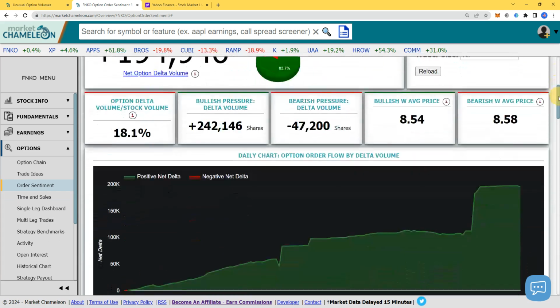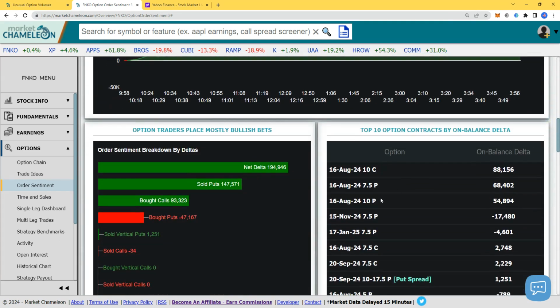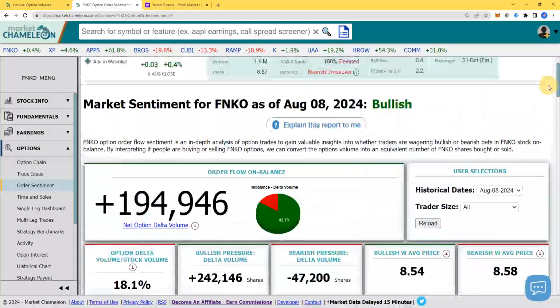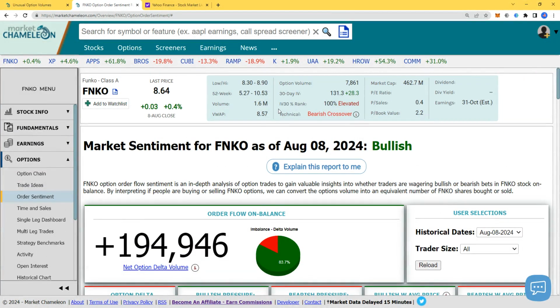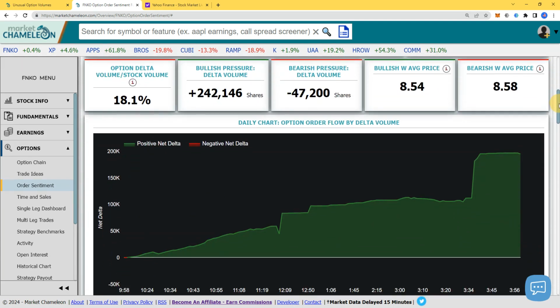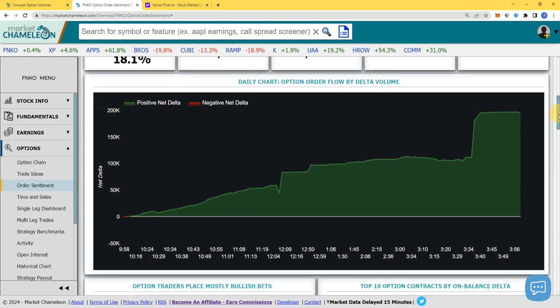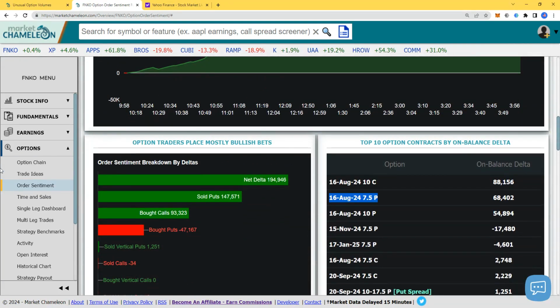But the safer bet, at least for me, though I haven't done it, was to sell the 7.5 put when the price was 8.5, and now it's 8.6 or so, and earnings is already done. There's a week left. Can it go below 7.5 in a week after earnings already posted? Unlikely, but everything is possible. And if you see, all is green, people are betting over $10. We'll see what we'll see.